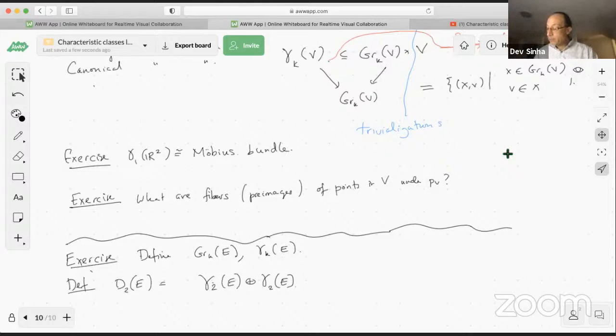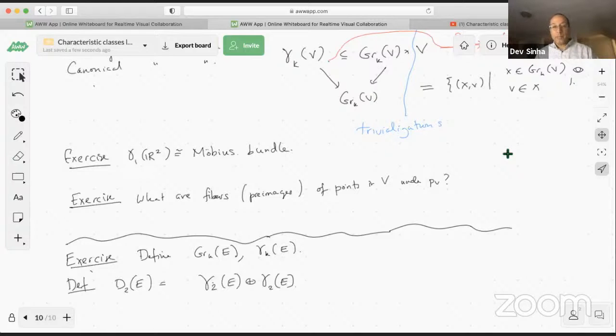And in fact, an element of gamma 2 of E. So what is the base of gamma_k of E? It is a Grassmannian.